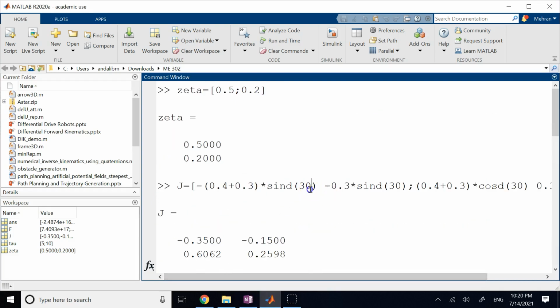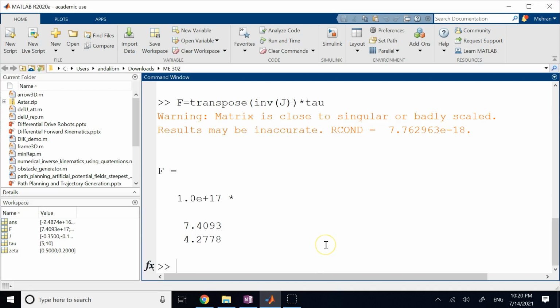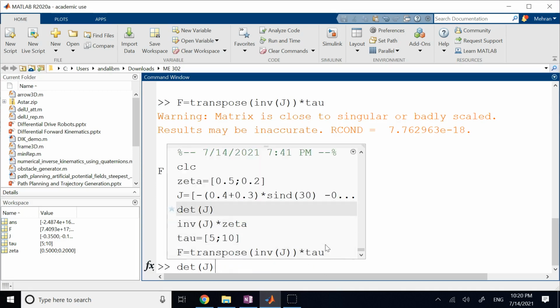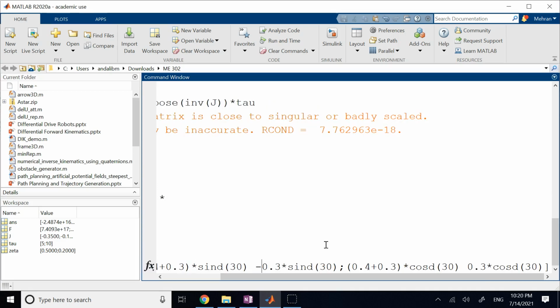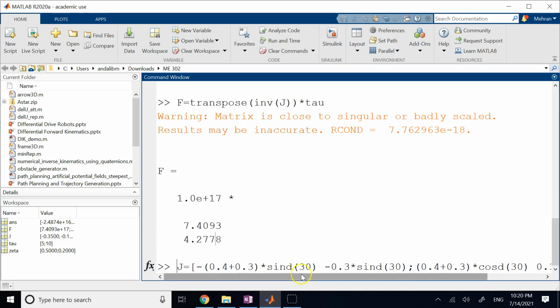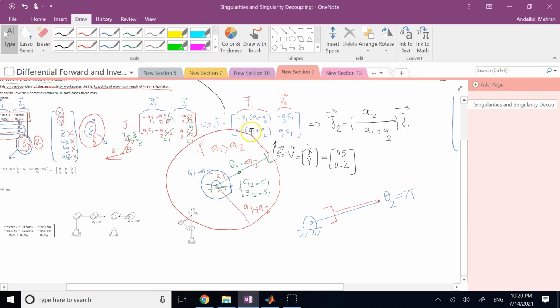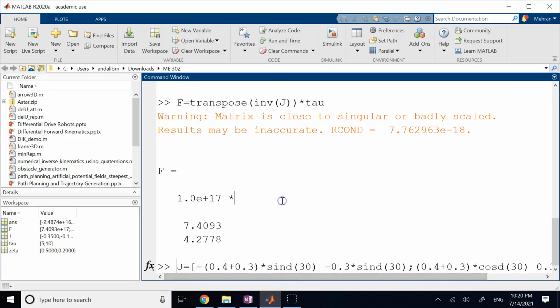So that was J, right? With only theta 1, correct? Now let me do the same J, but this time with theta 1 and 2. If you remember, in general it is A1, C1, A2, C12, right? So the first one is going to be simply negative 0.4, which is A1.